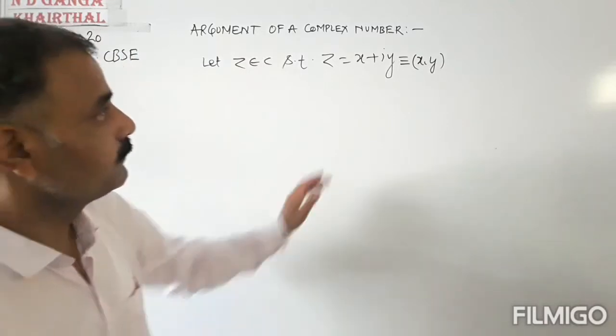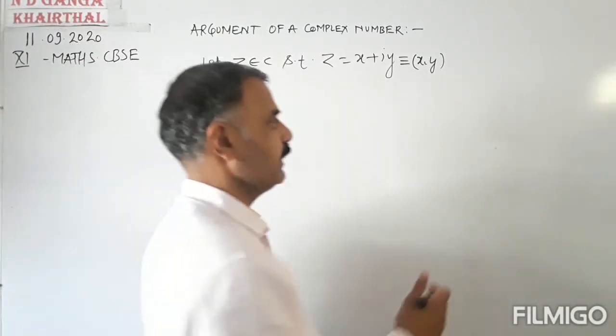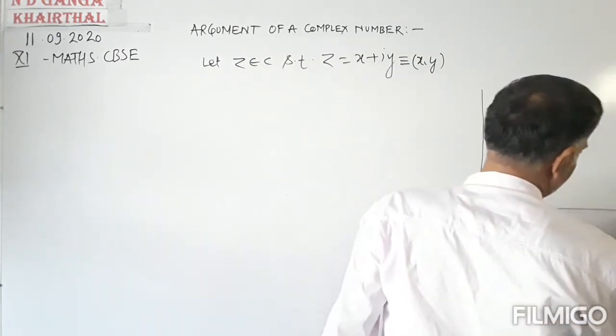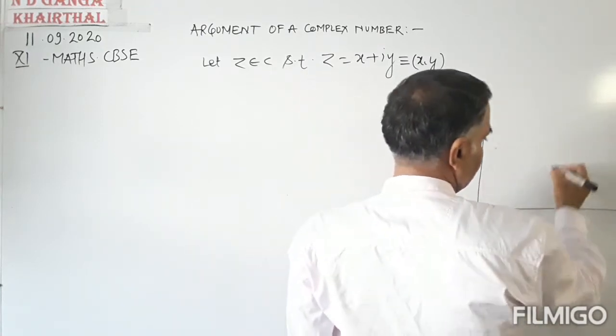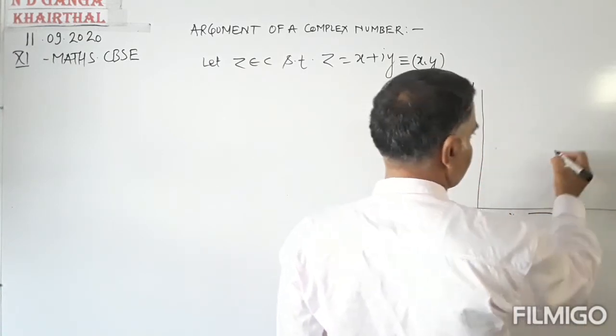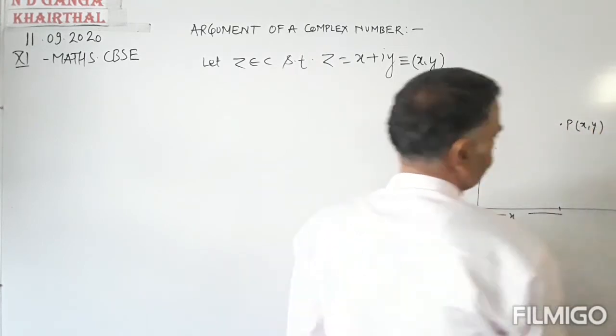Now this point (x, y) can be represented geometrically: this is the x axis, this is the y axis, this distance is x and this distance is y, so the point P is representing (x, y).